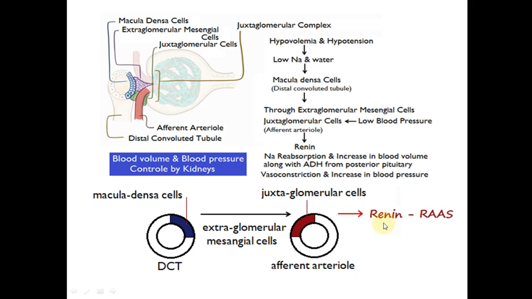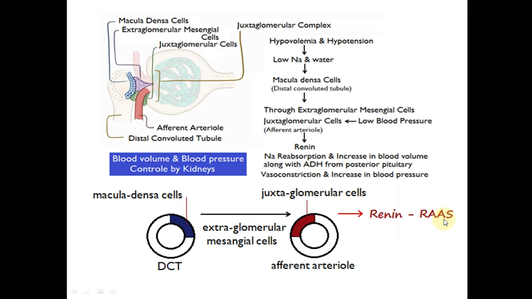And angiotensin 2 is not only a vasoconstrictor, but it also stimulates the secretion of aldosterone from the adrenal cortex. And this will stimulate the renin angiotensin aldosterone system.